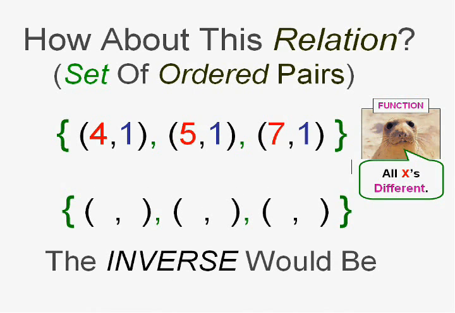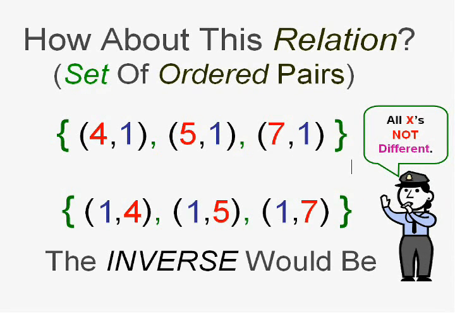If we tried to find the inverse of it, basically by flipping the x's and the y's, well, in this case, all the x's aren't different. So while it would have been an inverse, it's not an inverse function.